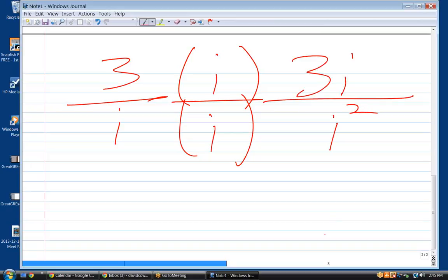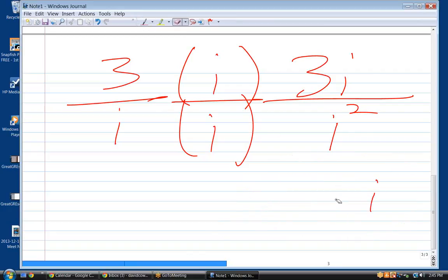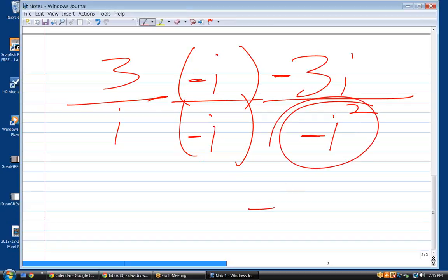The top turns into minus 3i, so minus 3i is the answer. Whereas you might say, weren't we supposed to multiply by the conjugate? Well, yes, we could do that also. That gives us minus 3i up there, minus i squared down there, and minus i squared turns into 1. We still get minus 3i.